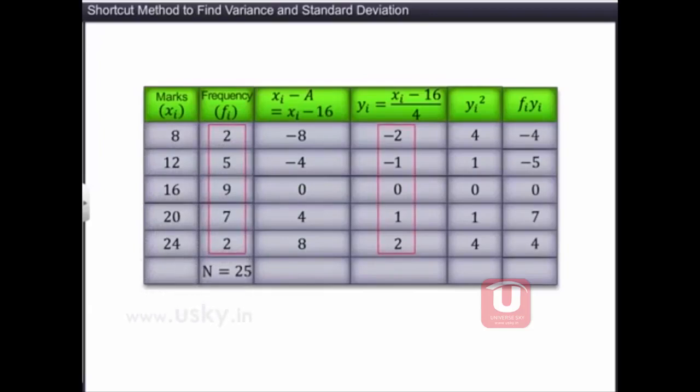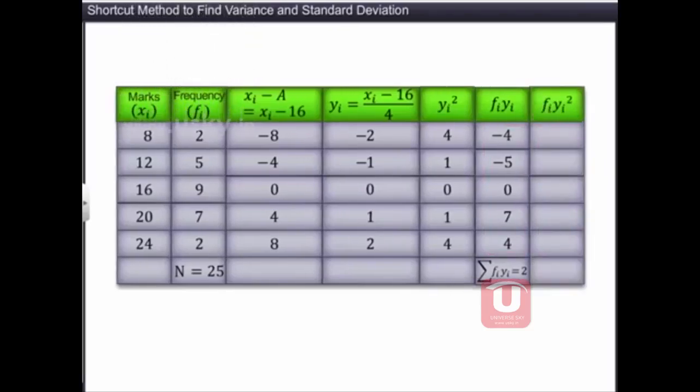The sum of the products of fi and yi is equal to 2. Next, the products of fi and yi squared are equal to 8, 5, 0, 7 and 8 respectively. The sum of the products of fi and yi squared is 28.